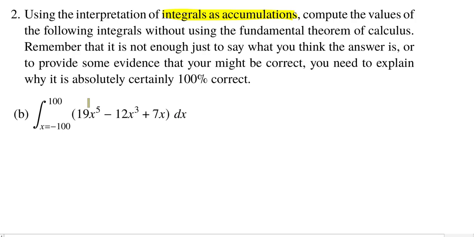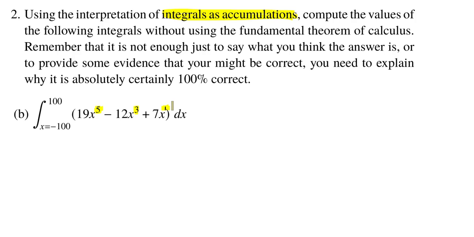And so looking at this function, we notice that we have a polynomial. And let's take a look at the degrees of each of the powers of x. Of course, we have x to the fifth, we have x to the cube, or x to the third, and then there's also, well, we could write a 1 in here if we aren't sure what that is. And one thing we might notice, 1, 3, 5, these are odd numbers.